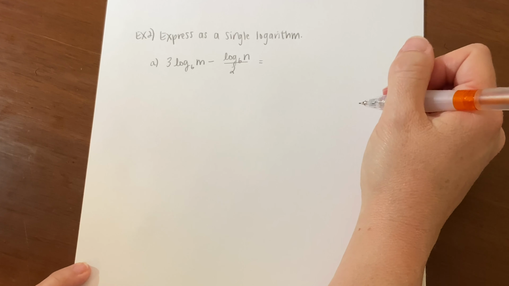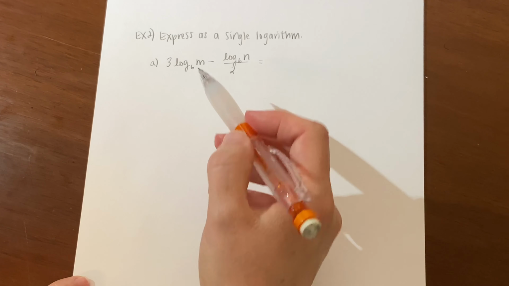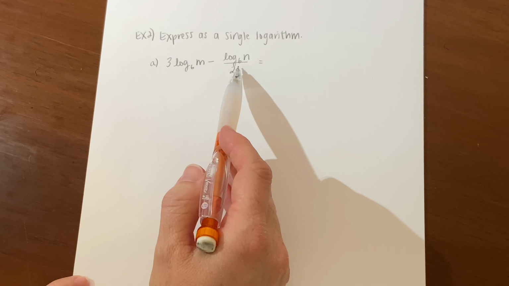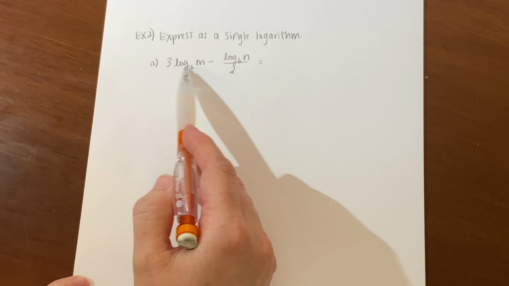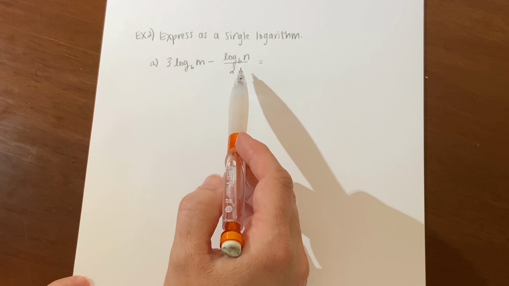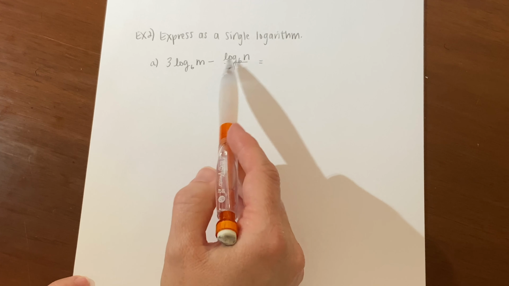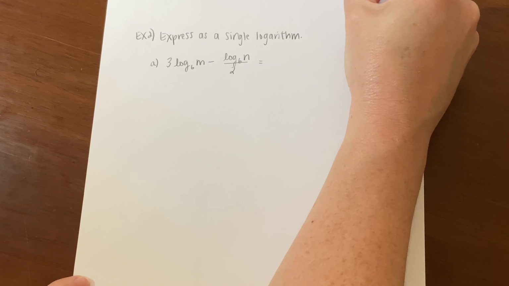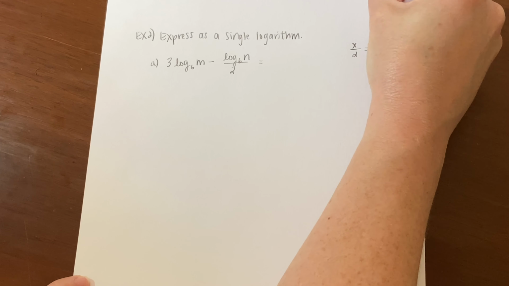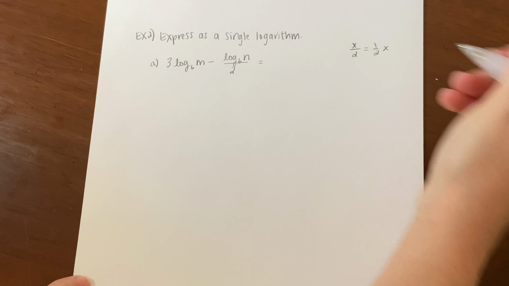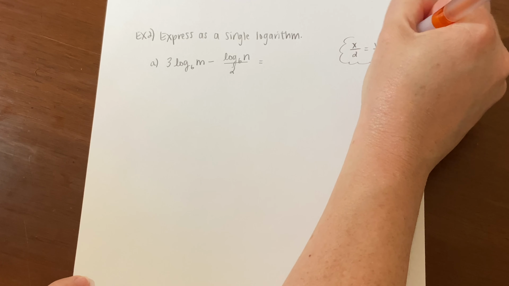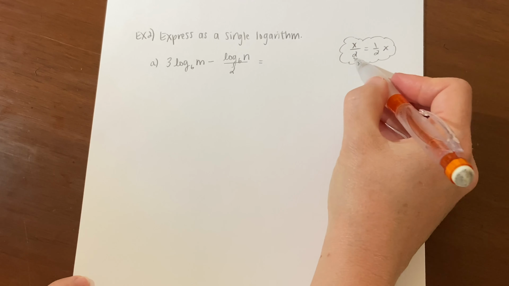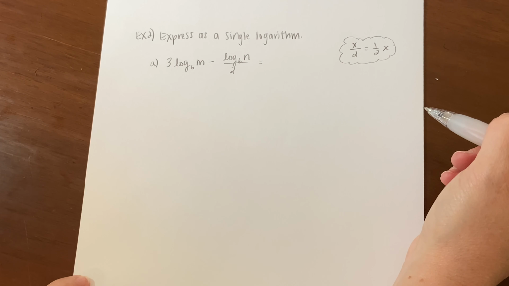All right, so first of all, these don't even look like they're the same kind of thing because this one is not a fraction, this one is a fraction. So what I want you to remember here is if we have x over 2, that's the same thing as 1/2 times x, okay? If we have something being divided by 2, it's the same thing as multiplying that thing by 1/2.